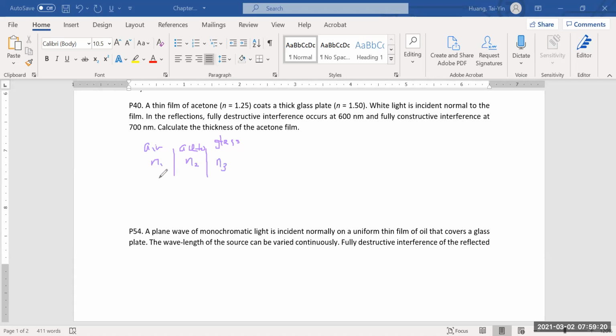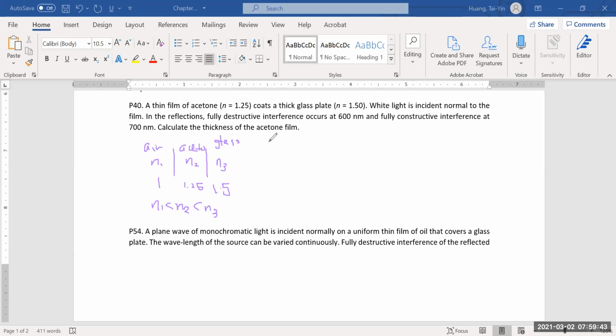Your N1 is 1, your N2 is 1.25, your glass is 1.5. So you can see that N1 is less than N2, which is less than N3. So when you have a condition like this, there's no phase change produced by reflection.